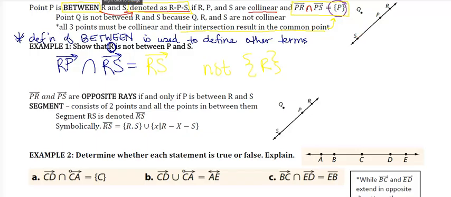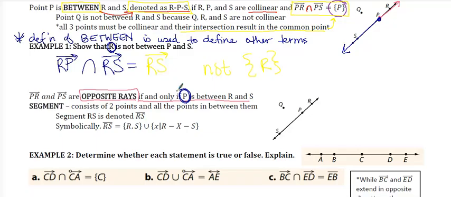They are opposite rays if and only if P is between R and S. This is with any line, but the middle point has to be between. So P is here, R goes this way. So there's PR. Then we have P here, and S goes here. Excellent. So they're opposite, but here's the deal. P had to be between for them to be opposite rays.